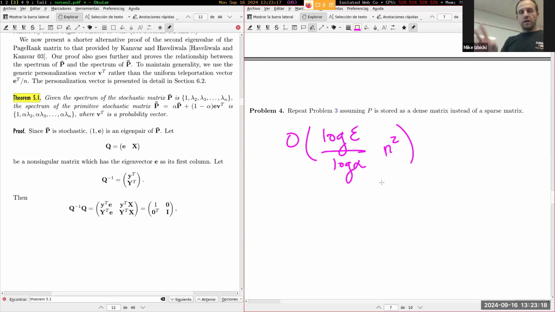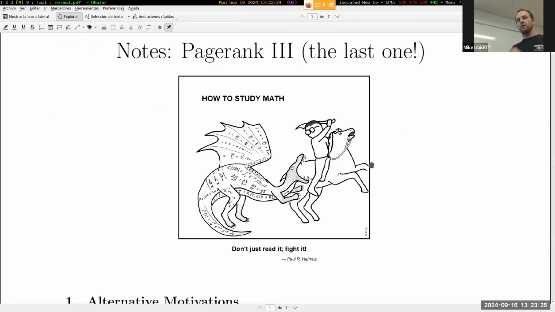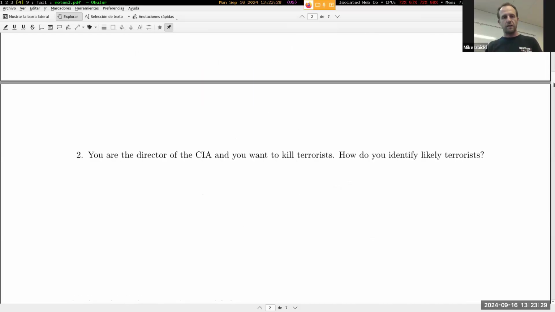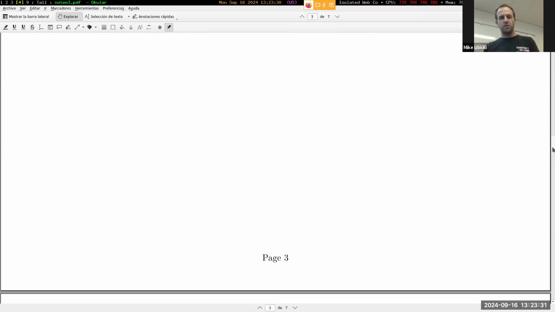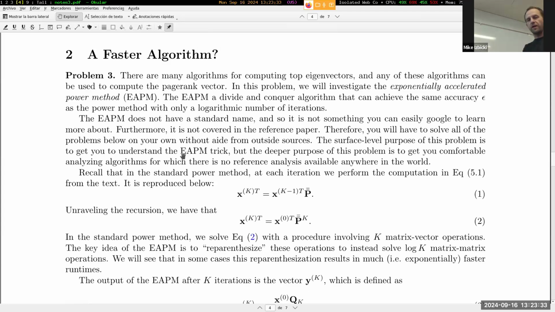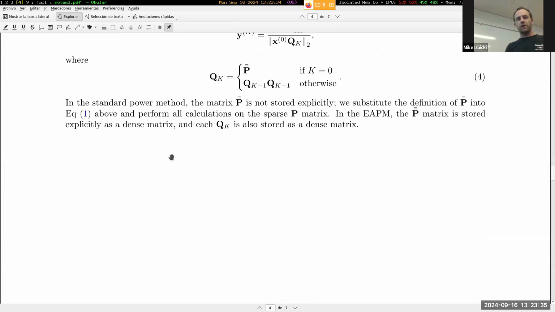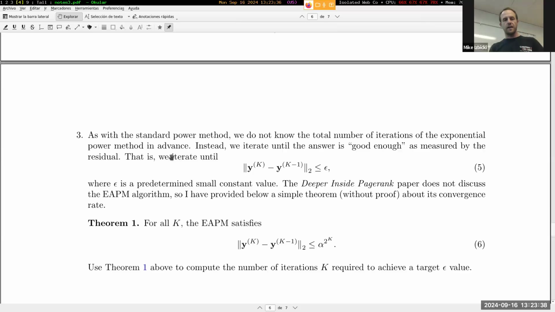I'm going to tell you one more correct answer here, and then I will go back to those issues. To do that, we're going to go to the PageRank 3 notes, and I'm going to tell you the answer for this big exponentially accelerated algorithm right here, problem 3. There are a lot of things going on in this problem. It walks you through many different steps.